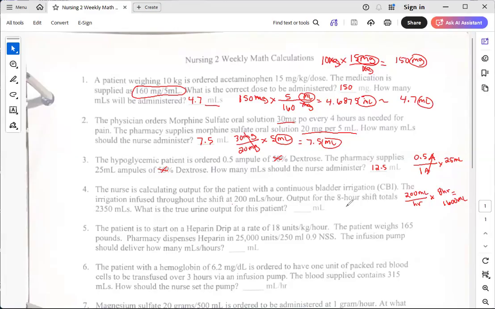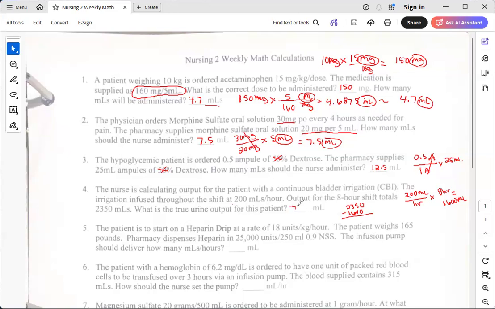So what I'm assuming, and you want to double check with your instructor, is that I would just subtract the 1,600 from the 2,350 mLs to see what the patient actually voided. So 2,350 minus 1,600, and it looks like the answer should be 750 milliliters.